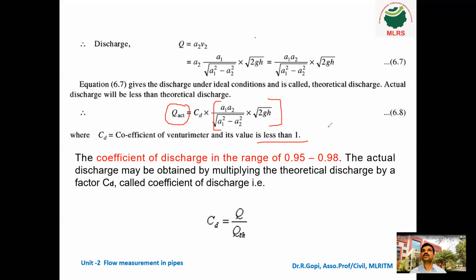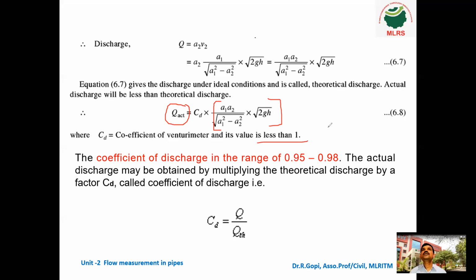We need only a stopwatch. For a particular area, how much water is collected in a particular time? Suppose a container is there and water is flowing into that container. For a particular height, how much time is taken?